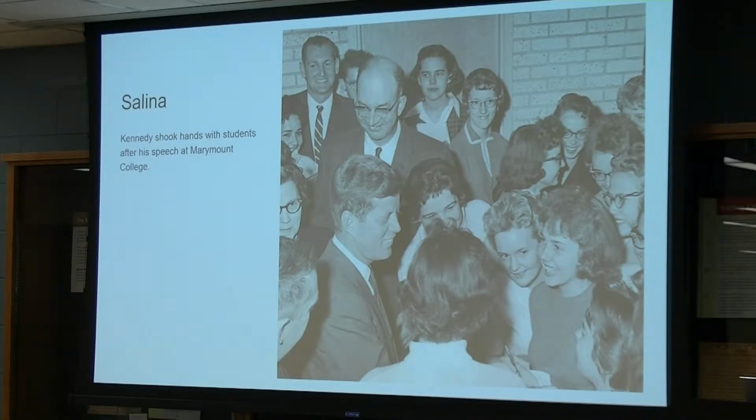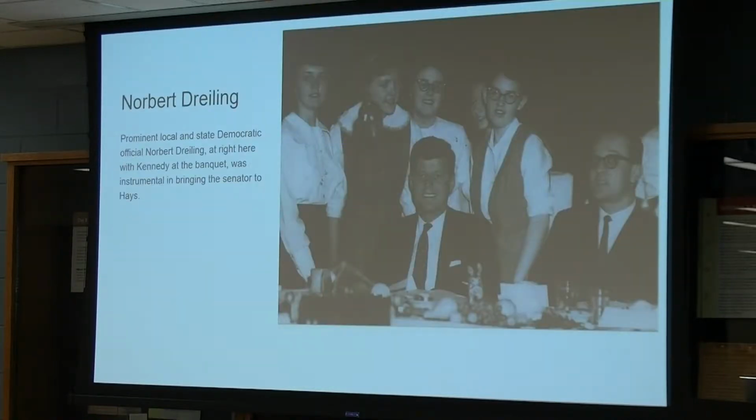But so Kennedy gets to Hayes, and you have a picture of Norbert Dreiling at the banquet with Kennedy and some of the girls that were servers that night from Girls Catholic. Norbert Dreiling, as I said, played a big role in Kennedy coming to Hayes.